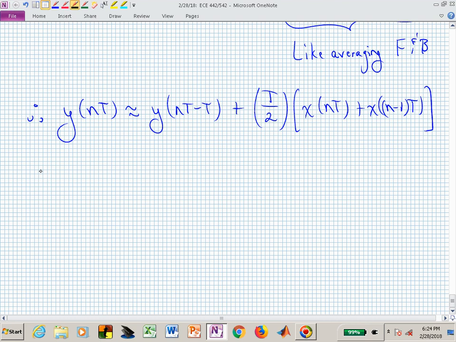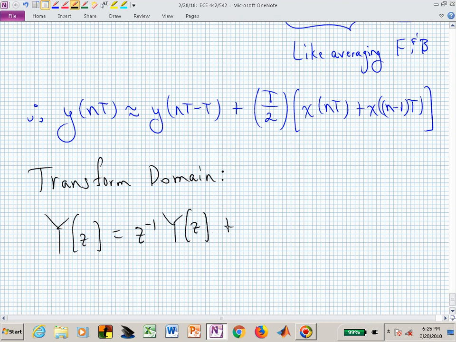So let's now transform this, or go into the transform domain. And we now have T over 2 times 1 plus z to the minus 1 times x of z, where we just have an x of z and then we have a plus z to the minus 1 x of z, and I've just factored that x of z out.